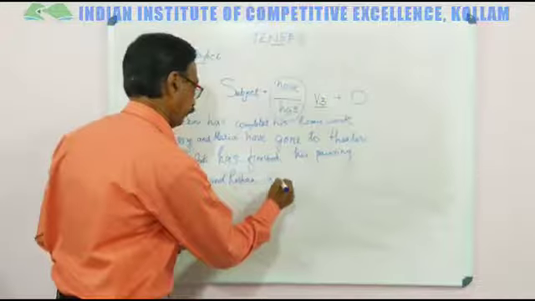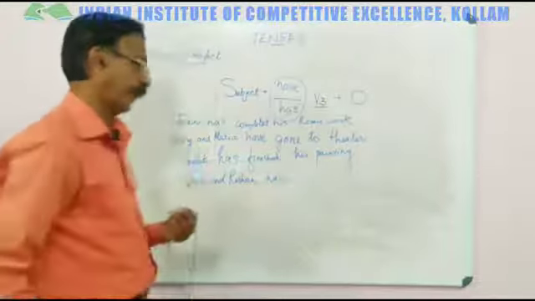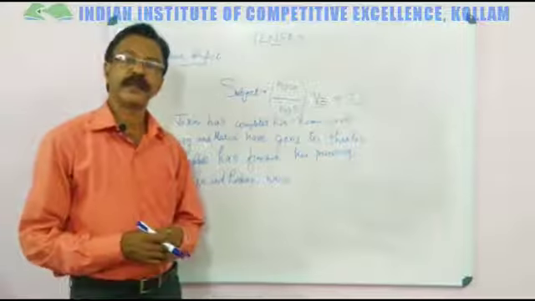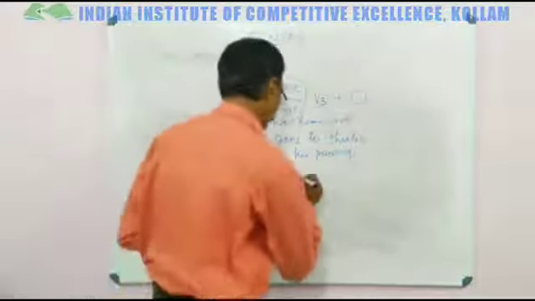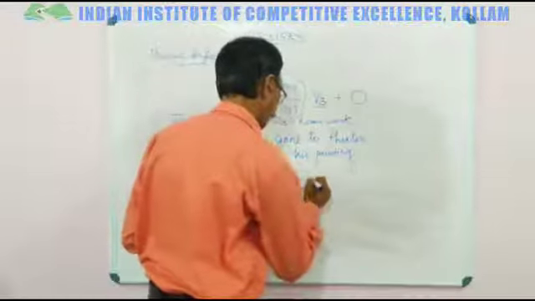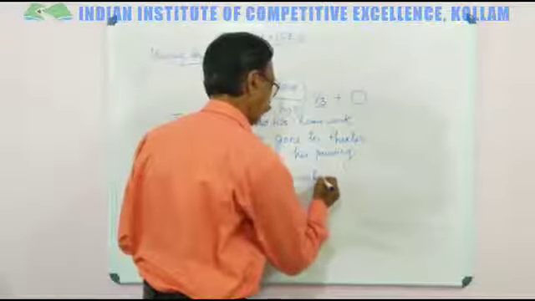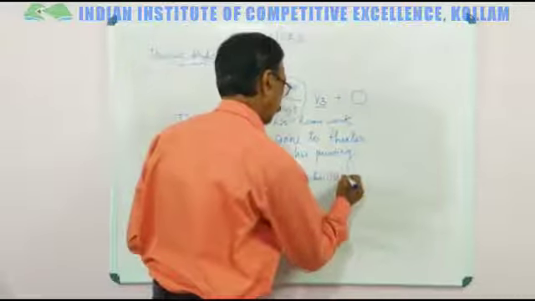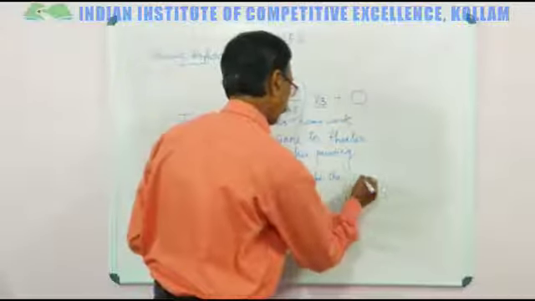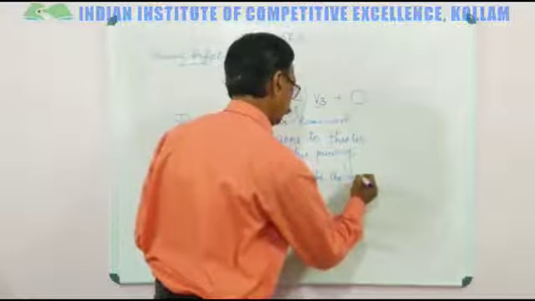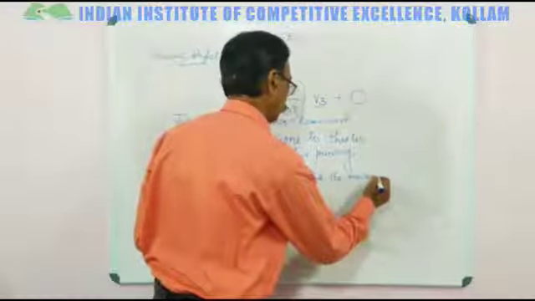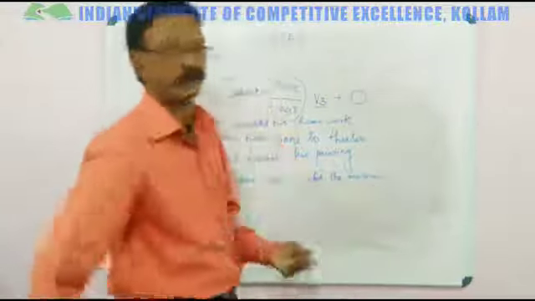Of course, have. Have visited the museum. Visit, visited, visited. Visited is the V3. Visited the museum, Napier Museum, any museum, the museum at Thiruvananthapuram.